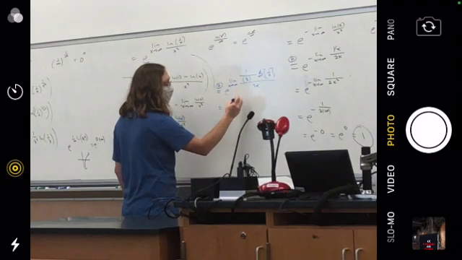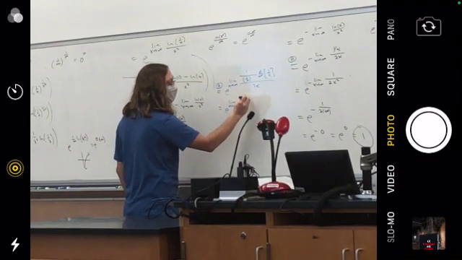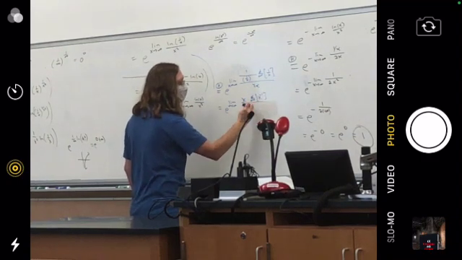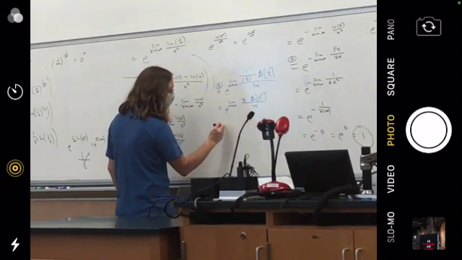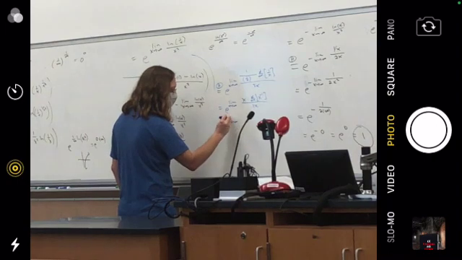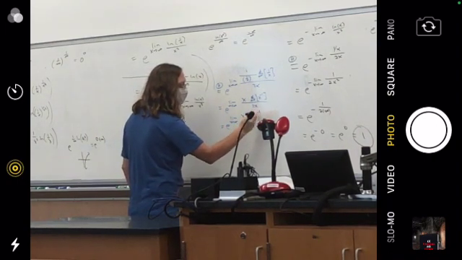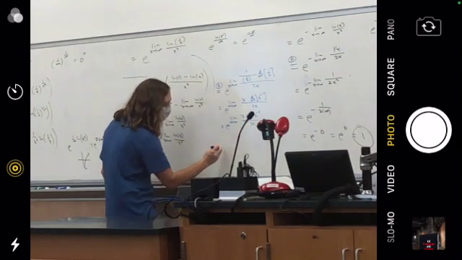So 1 over x is just x times the derivative of x to the negative 1 power. So that's x times negative 1, x to the negative 2, divided by 2x.